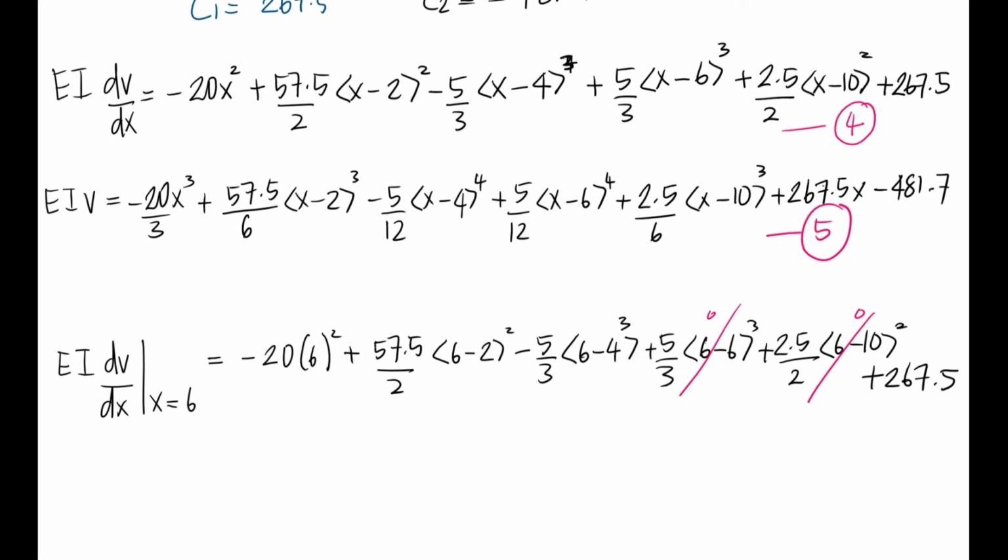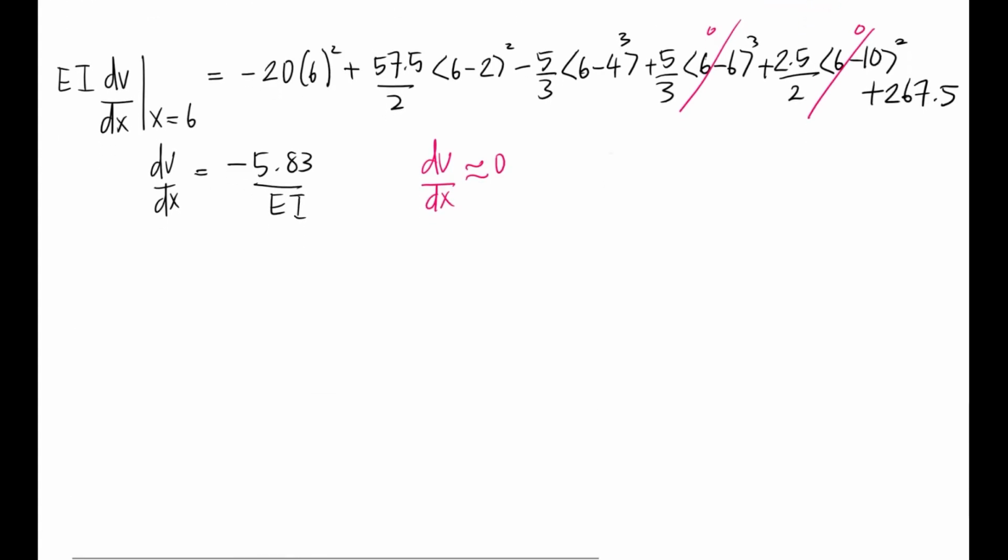Therefore, we get dv over dx is equal to negative 5.83 divided by EI. So in this case, this is not close to 0. We need to find dv over dx approximately close to 0. So we need to reduce to get dv over dx approximately close to 0. So we start again by trying the next one.